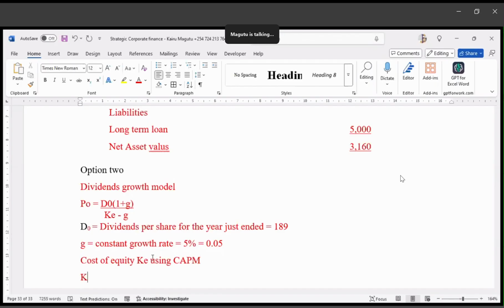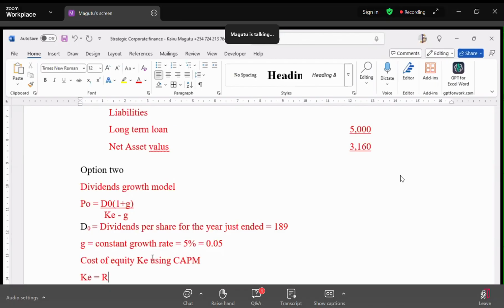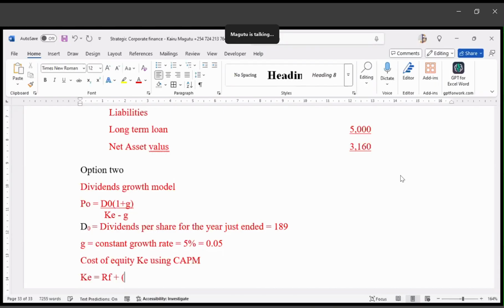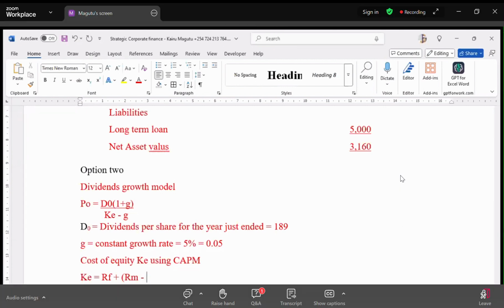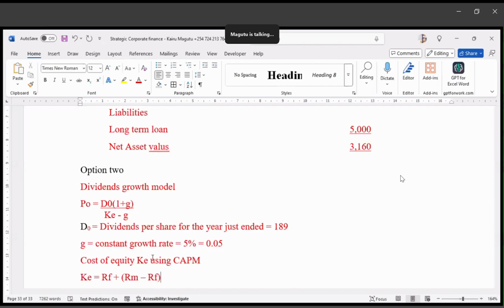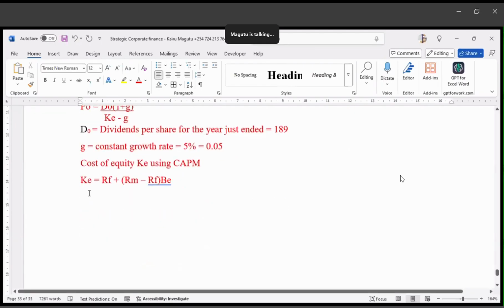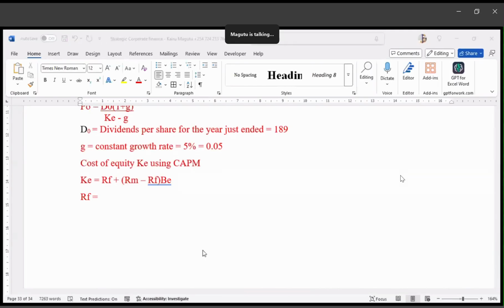We say that the cost of equity is equal to the risk-free rate plus the return of the market, or the expected return of the market, minus the risk-free rate, multiplied by the beta factor, the beta of equity. Let me see whether we have this. Do we have the risk-free rate? If we have the risk-free rate, let me know.